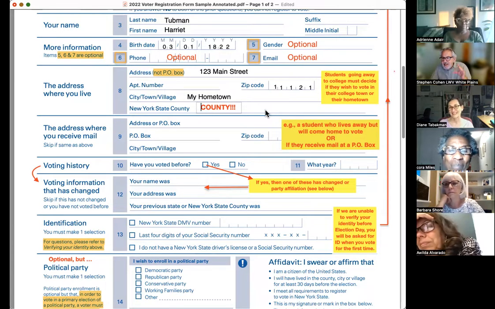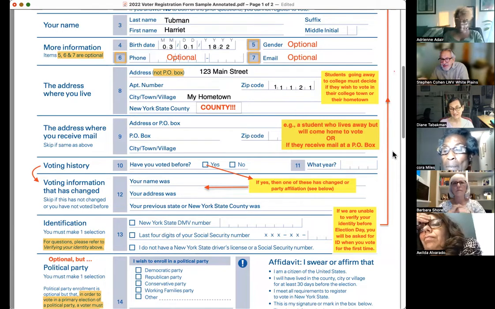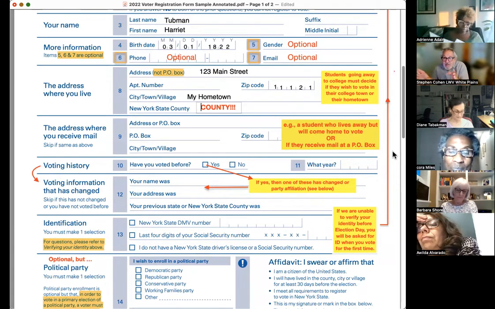It really is unbelievable how many folks are not quite sure what county they live in. And if folks are coming up from New York City, there's Bronx County, there's Manhattan, Kings County, Staten Island. Brooklyn is particularly challenging because it's not Brooklyn County, it's Kings County, right?